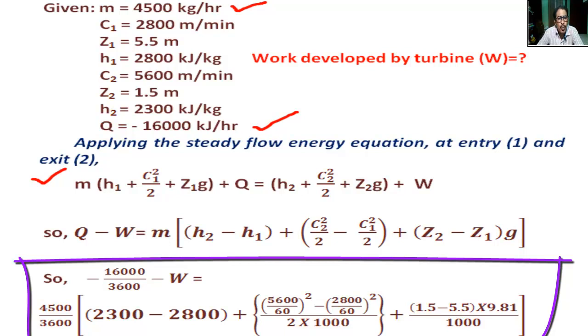We convert it into flow per second, 4500 by 3600.